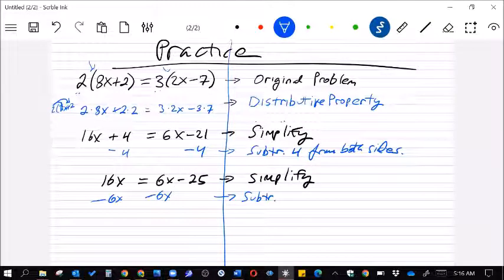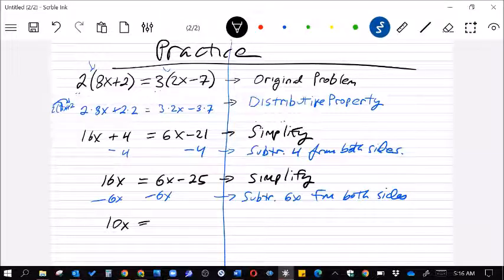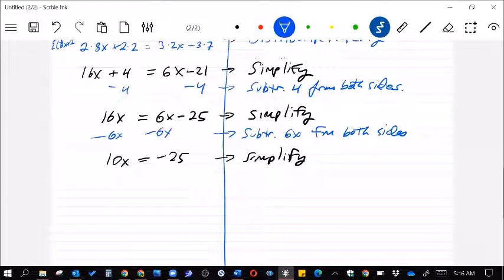All right, so we're going to subtract 6x from both sides. And then we're going to simplify. That gives us 10x equals negative 25. Now simplify. And then we want the x by itself, so I'm going to divide by 10. Or I can do it like putting the 10 underneath it now, like that.